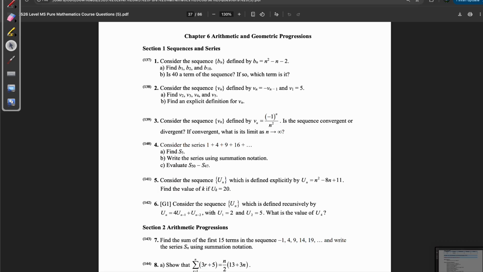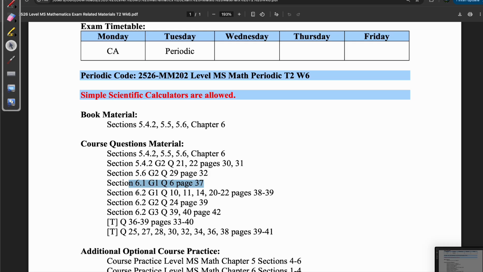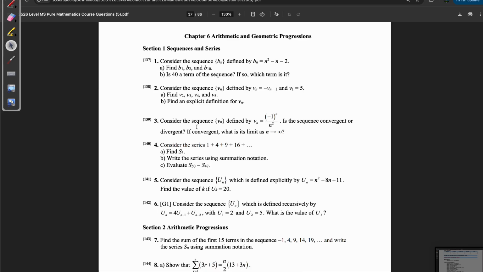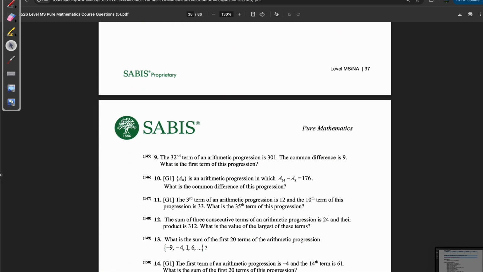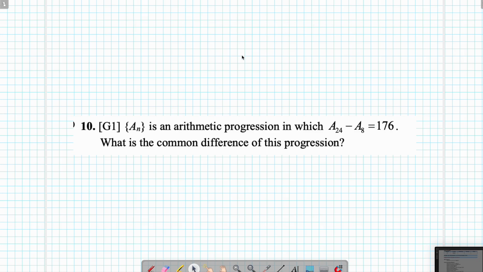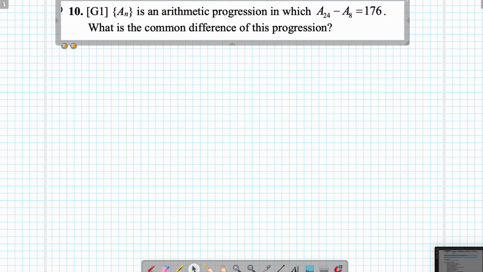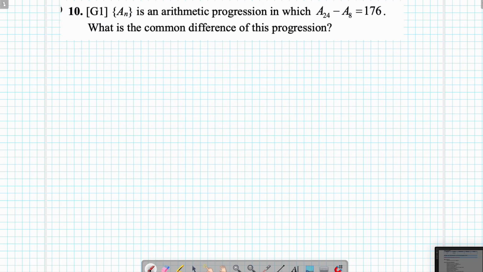Now we move on to 6.2, 10, 11, and 14. So let's start with question 10. AN is an arithmetic progression in which A24 minus A8 is equal to 176. Now look, I have my way and my teacher has her way.